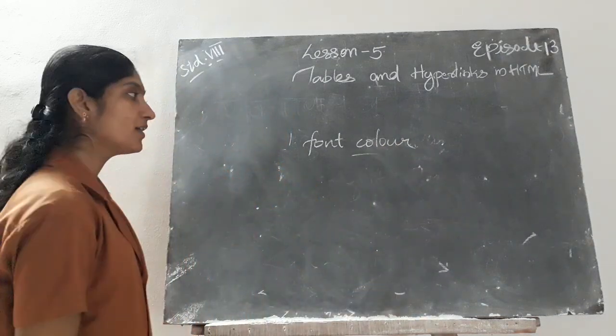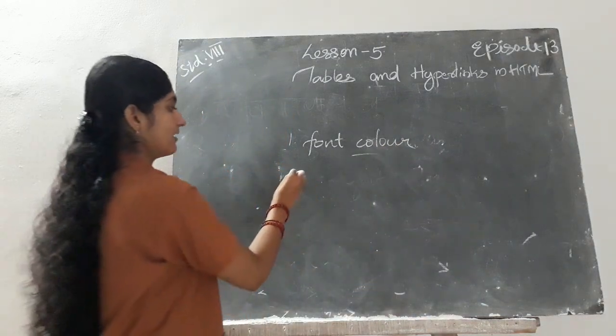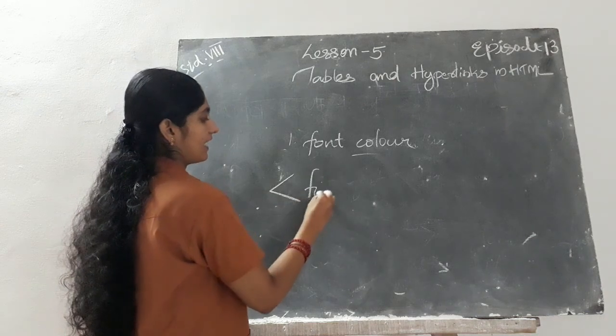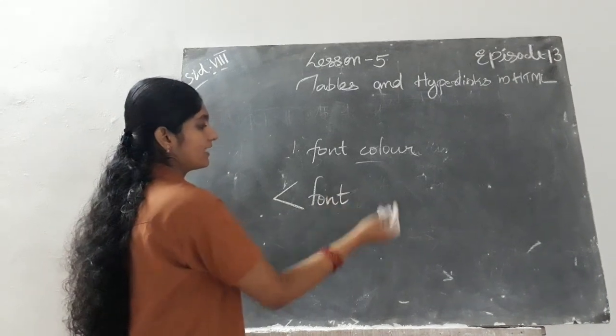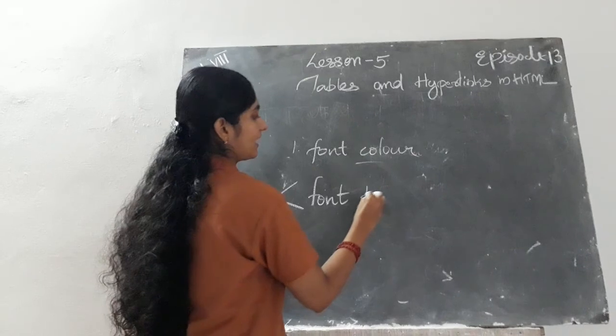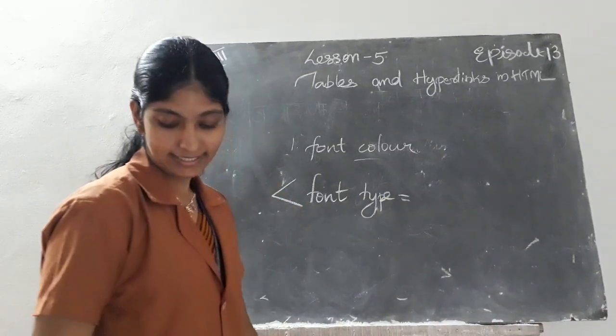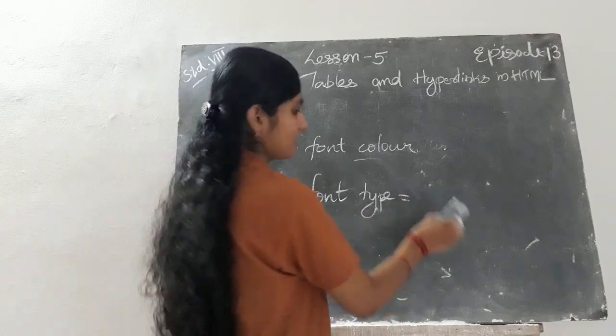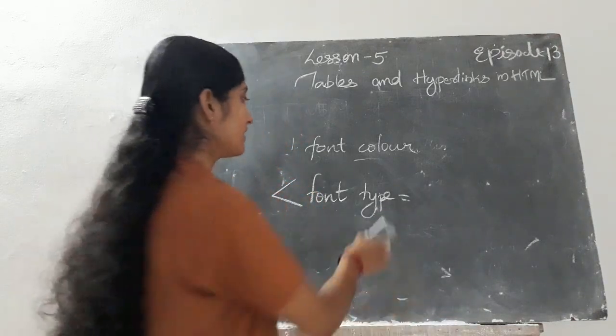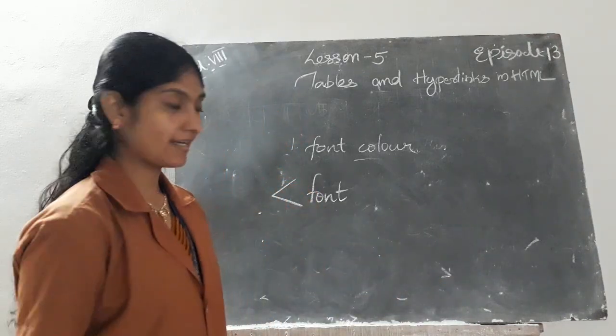So the font color syntax is: first write font, then type equal to, then your color name.